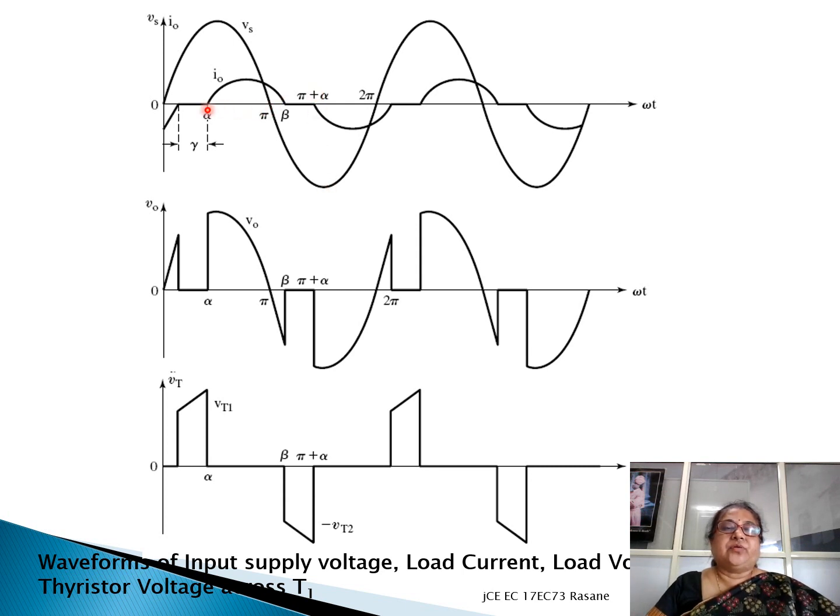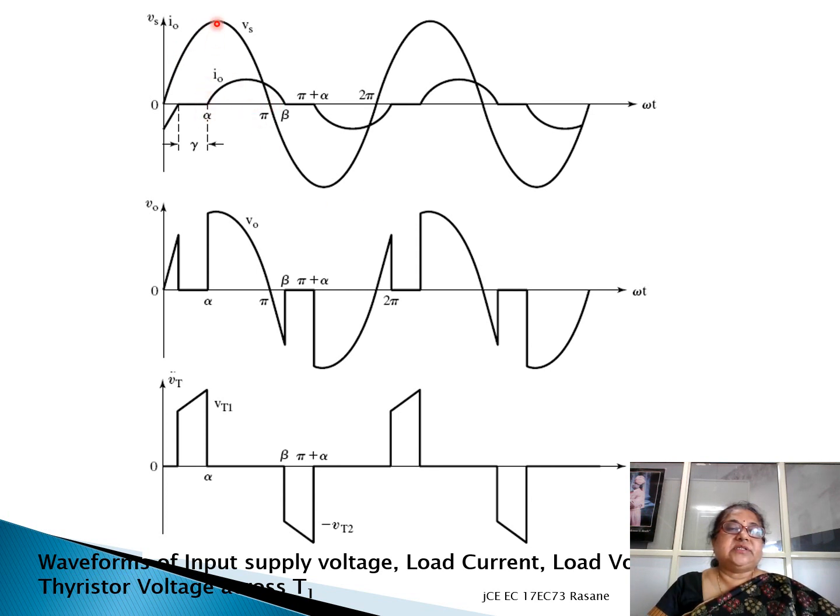Now, if this is the case, let us analyze how the output is going to change. As we know, the output is connected to the input from alpha to beta. You can follow my pointer from alpha. This is the input, right? So from alpha to beta, what is the input?